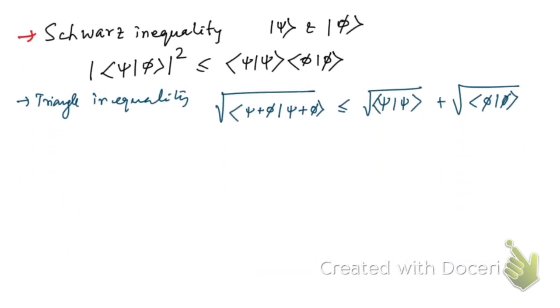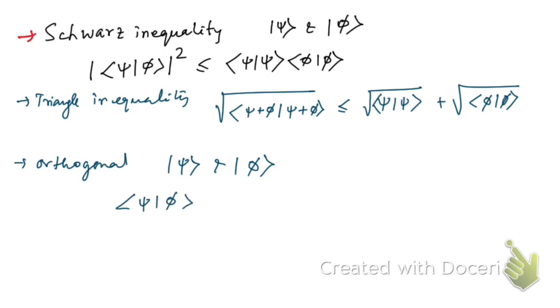So orthogonal states. Orthogonal means these two vectors, ket phi and ket psi, must be perpendicular. They are said to be orthogonal if the scalar product of phi and psi is equal to 0.